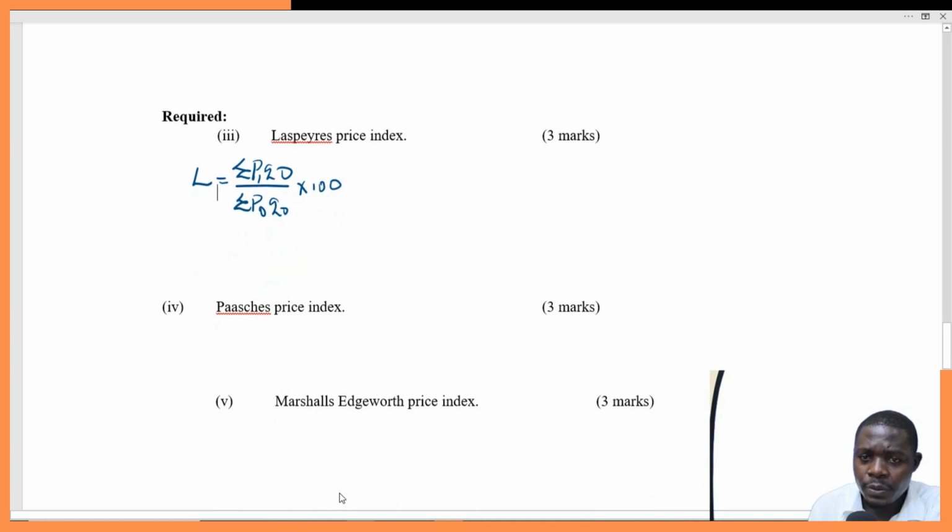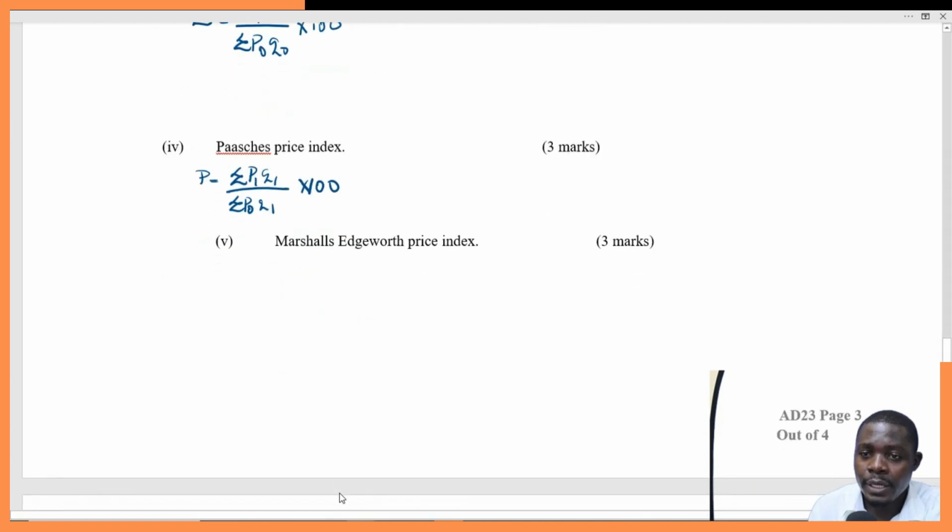Then when we come to Paasche, the formula will be the summation of P1 Q1 over the summation of P naught Q1, and then we multiply by 100.